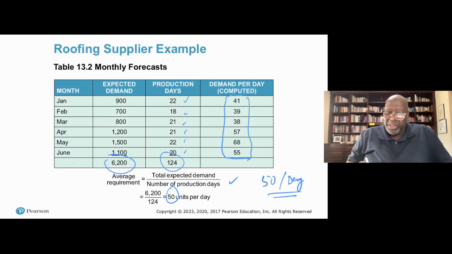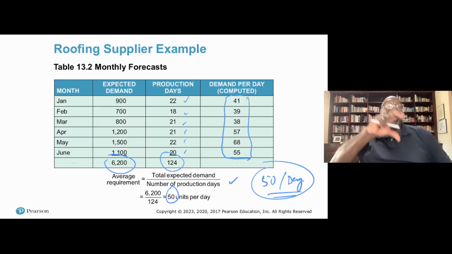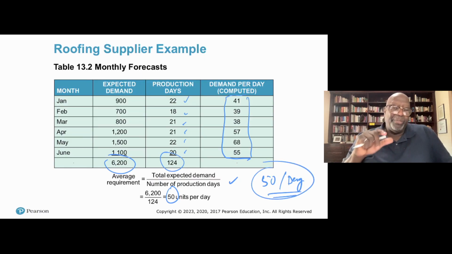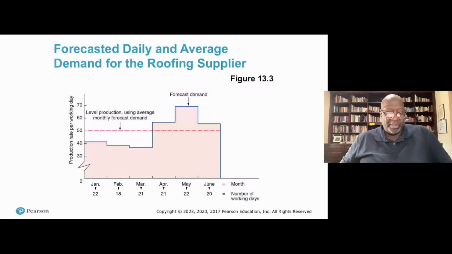So that means that we need to have capacity that averages out to 50 units per day. Well, how do we get that? This is where you would have to look at your labor force, look at the options for subcontracting, etc., and see what you can do. But how you use those options will depend on their costs, okay?